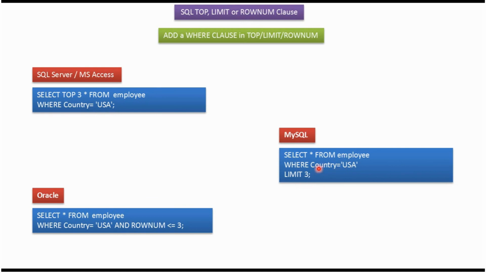This query also returns 3 records where the country value is USA. SELECT * FROM employee WHERE country = 'USA' AND ROWNUM <= 3. This query returns 3 records from the employee table where the country value is USA.